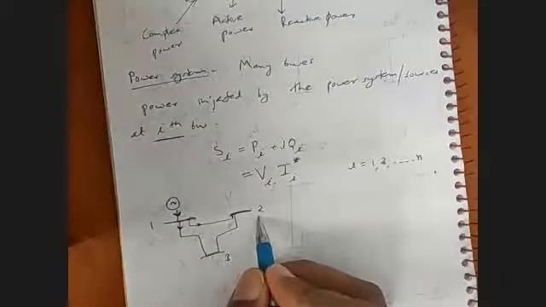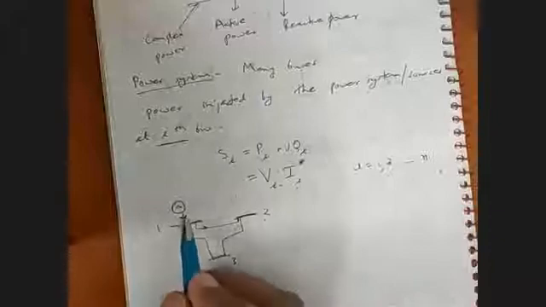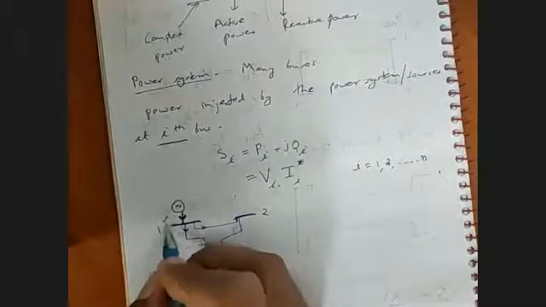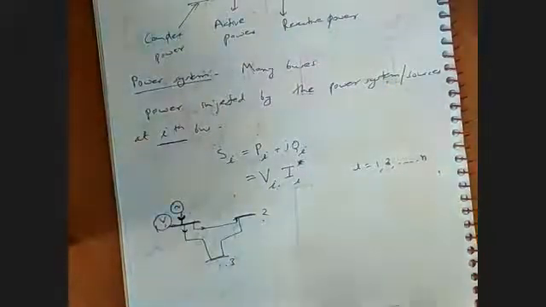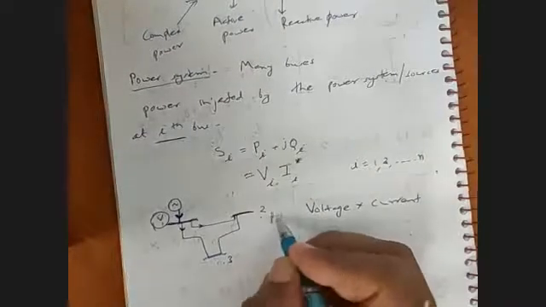So current which will be flowing to third bus, current which will be flowing to second bus, and current which will be injected to bus number 1. So that means current will be for all the buses, and voltage will be for the bus for which we are calculating. Because it is voltage into current, so it will be your power.